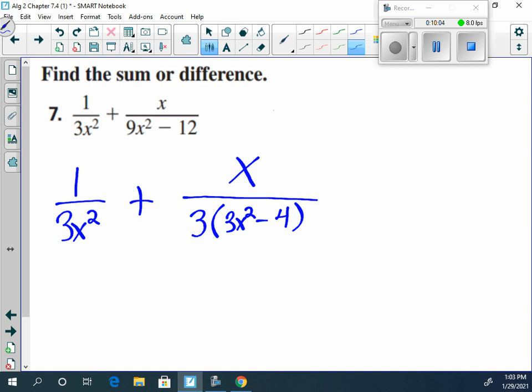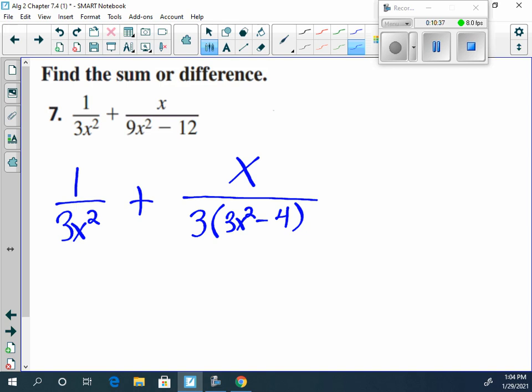It's 4, a perfect square, and they're being subtracted, yes? So it's a difference of perfect squares, correct? Is 3 a perfect square? No, so that throws that all off. Because if 3 was a perfect square, then it would work. 9x squared is a perfect square, yes? Is 12 a perfect square? Well, no, so this is as far as it factors. The most we could do is factor out a 3.